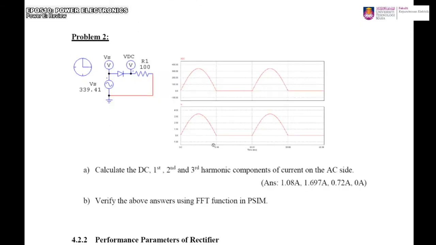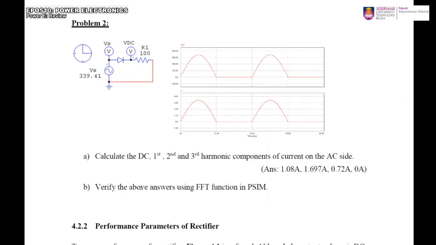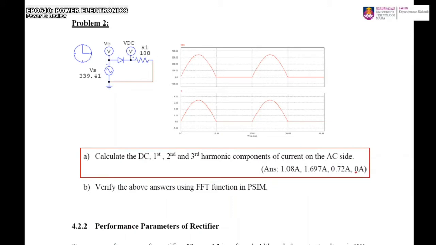Then you have problem 1, problem 2. So again, look at this. When we have this sort of question, you know that you must perform the harmonic, the Fourier series.